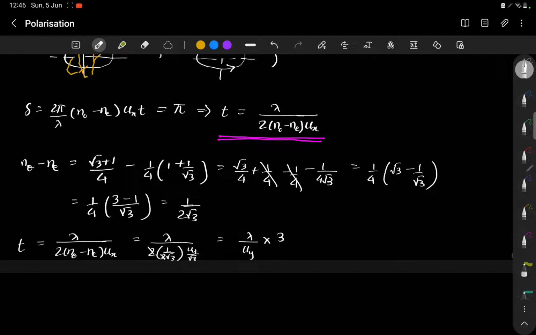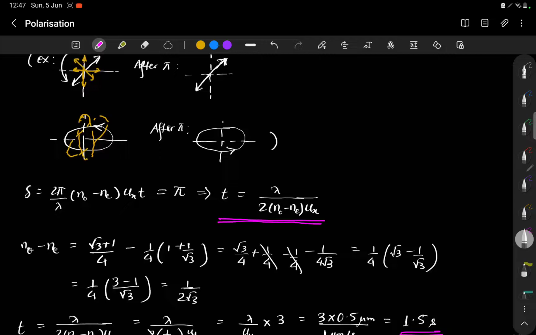And we know the value of lambda we are given is 0.5 micrometer. So this is 3 into 0.5 micrometer, and UY we are given is 1 micrometer per second. So this is 1.5 seconds. So after 1.5 seconds, the polarization state will repeat itself.